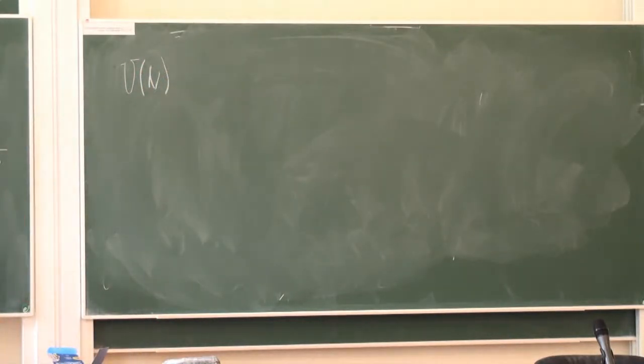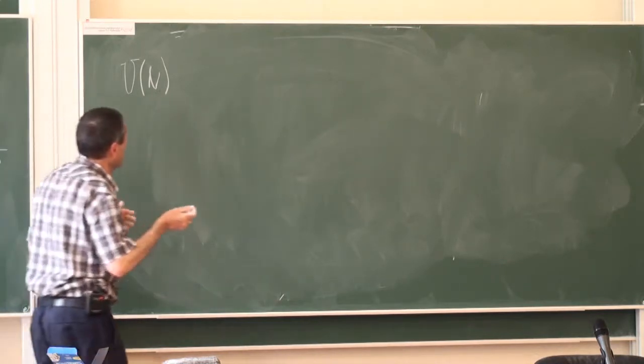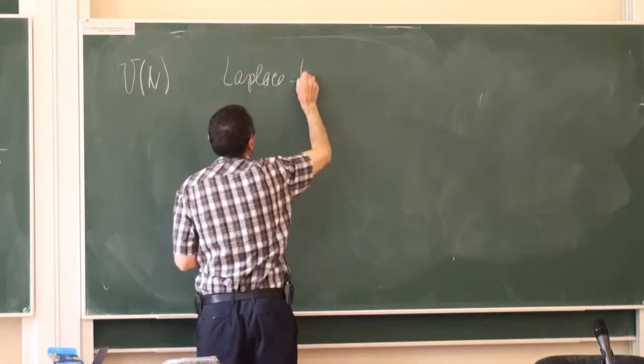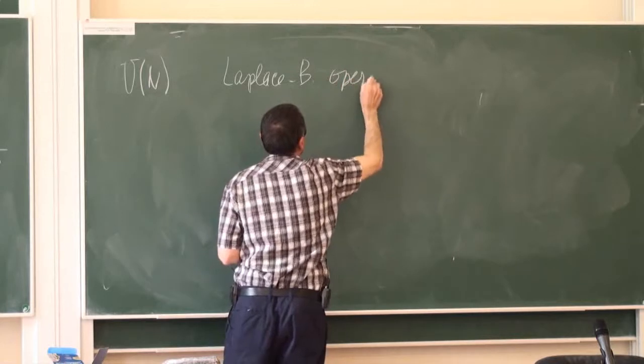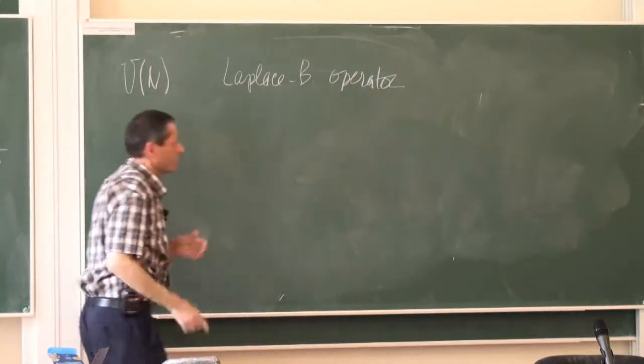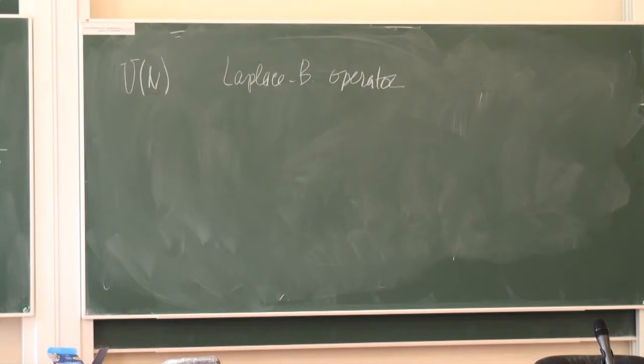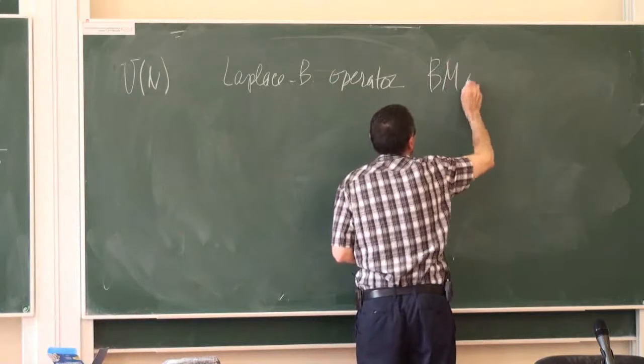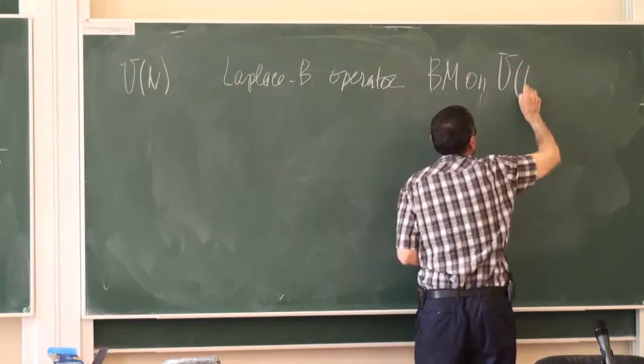It is a compact manifold, and it also carries a natural Riemannian structure, which is invariant with respect to left and right shifts. And there is a Laplace-Beltrami operator, a second-order operator, which is two-sided invariant, and it is the generator of a Brownian motion, the Brownian motion on the unitary group.